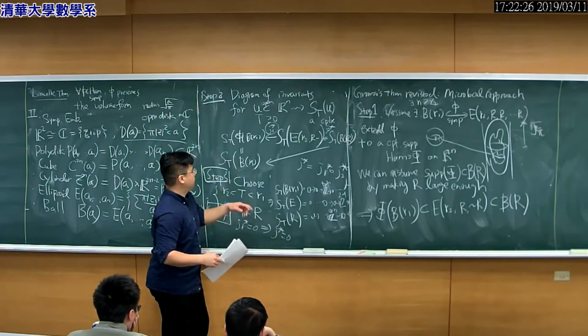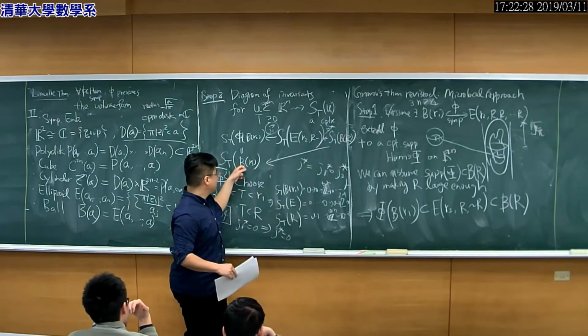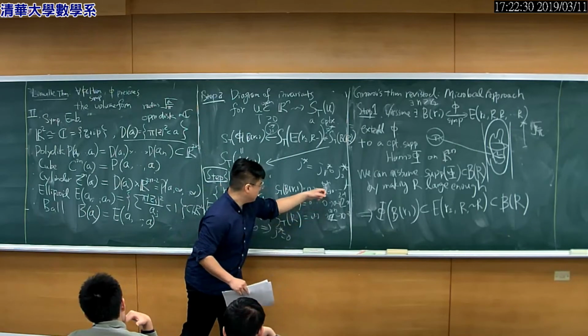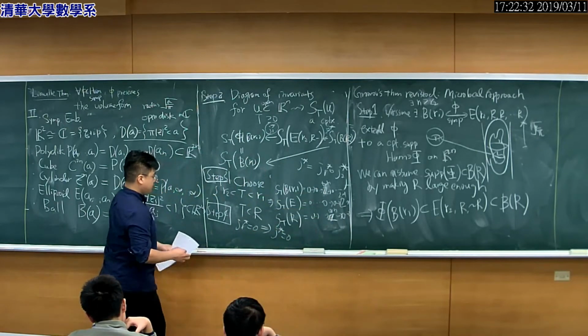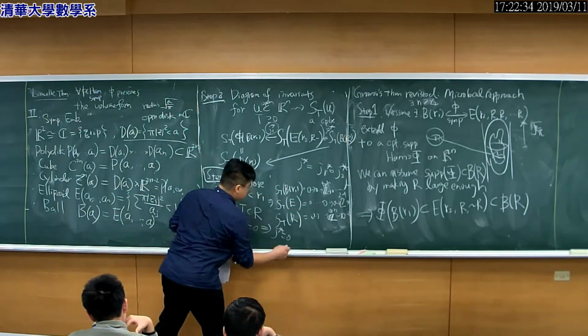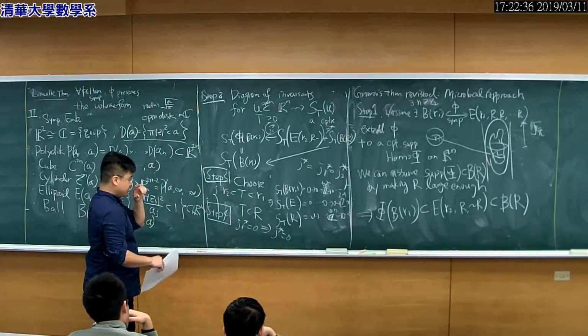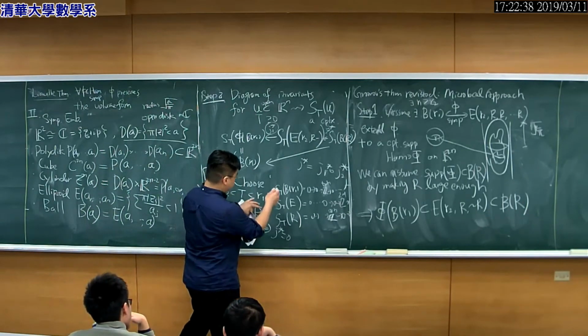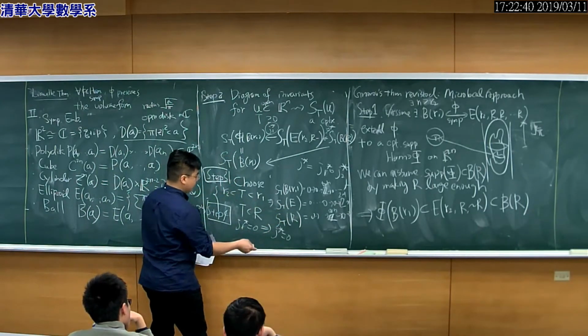Then you got a 0 between this and this, and you got 0 between this and this. And this is actually a contradiction, because by our construction, all such maps.